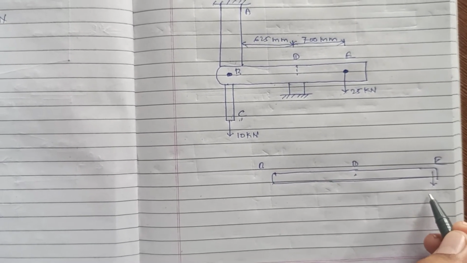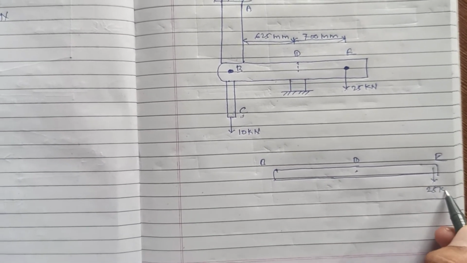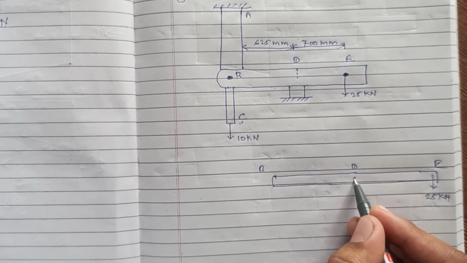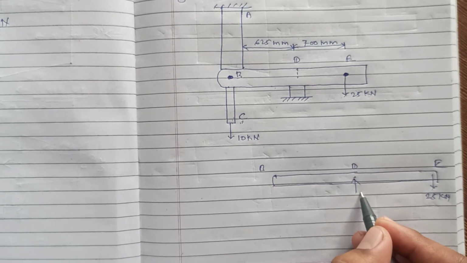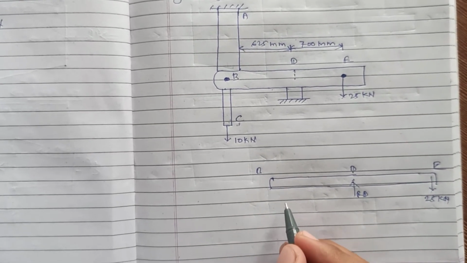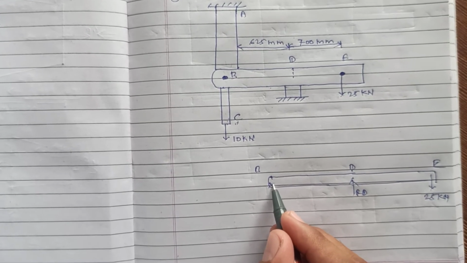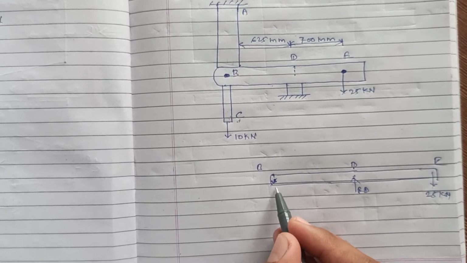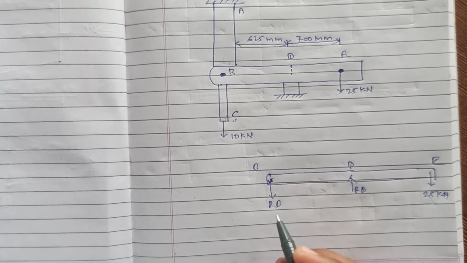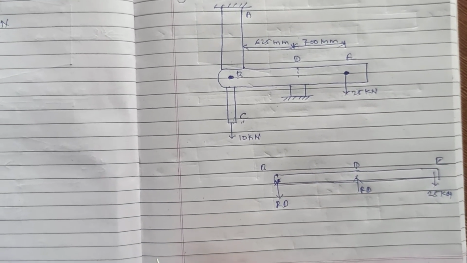This is 25 kilonewton, which is already given. We will show the reaction at point D, that is RD, and this is RB.